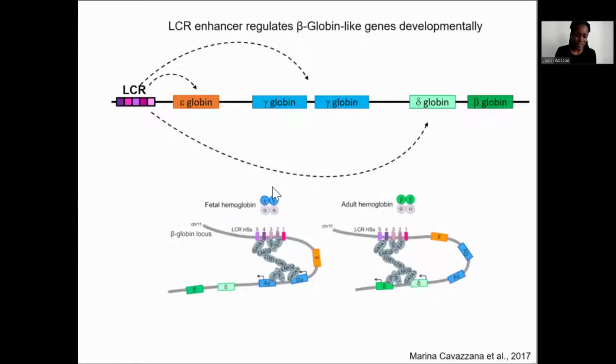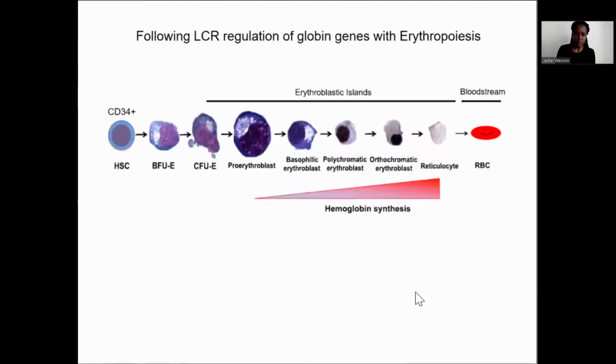And so you can see that the LCR, in early embryonic development to get fetal hemoglobin, will associate with the gamma globins. And then in adulthood, you can see that it alternately begins to associate with beta globins. In one of the journal club papers, the system they used to study the dynamics of LCR interaction with the globin locus over time is erythroblasts.